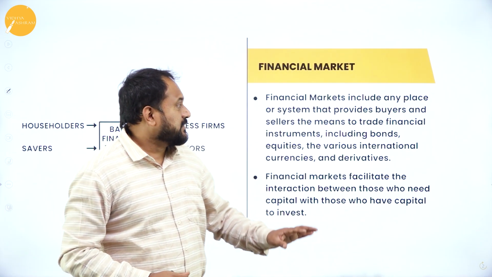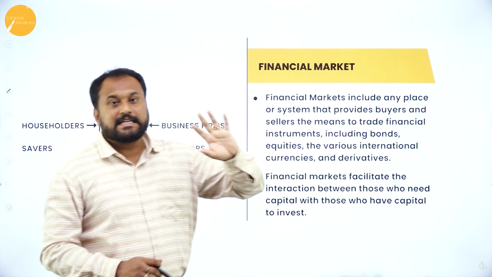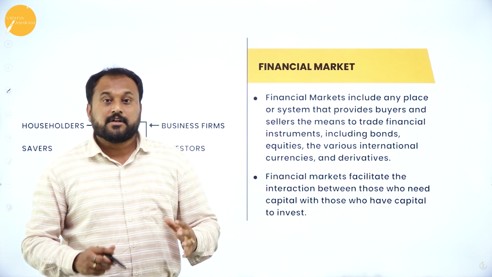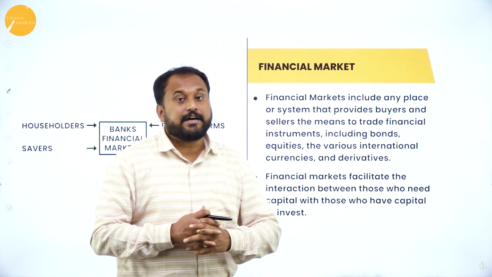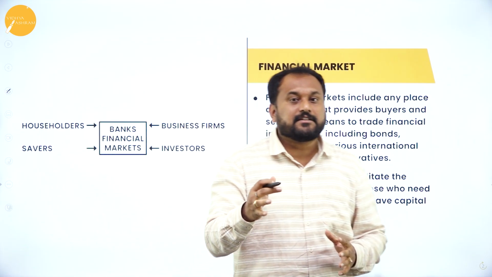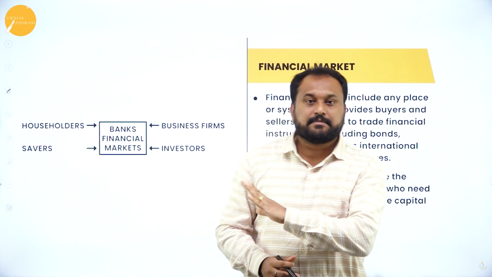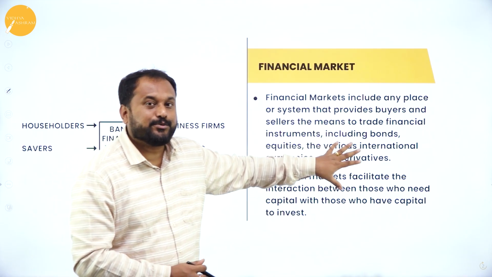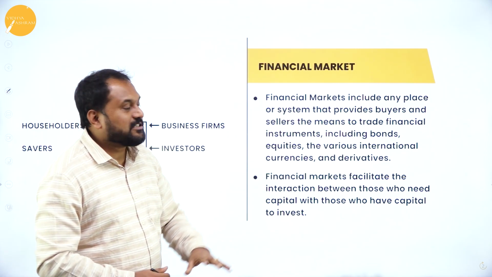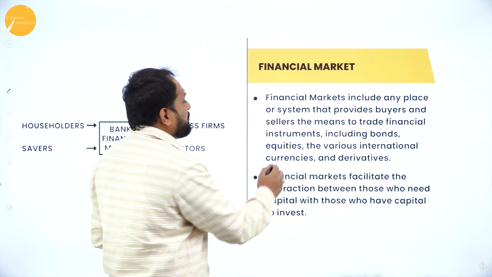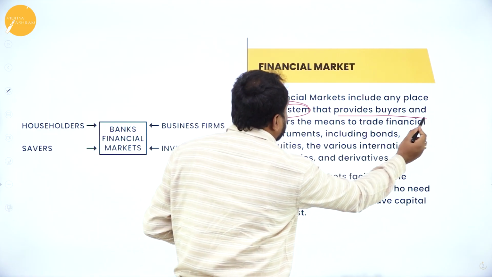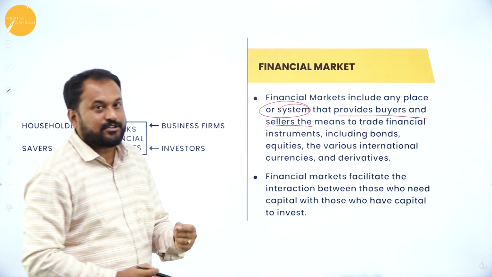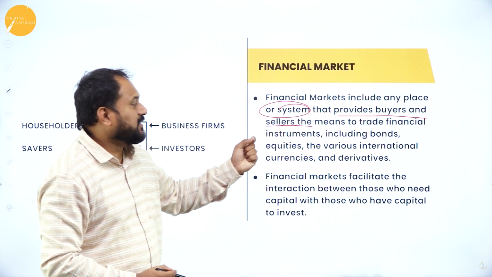The introduction for this chapter is financial market. What exactly financial market is all about. Now, financial market can come for 1 mark. That is, what is financial market? Define financial market. Or you can also get some other question which I'm going to teach you in this session only. So financial market includes any place or system that provides buyers and sellers the means to trade financial instruments.